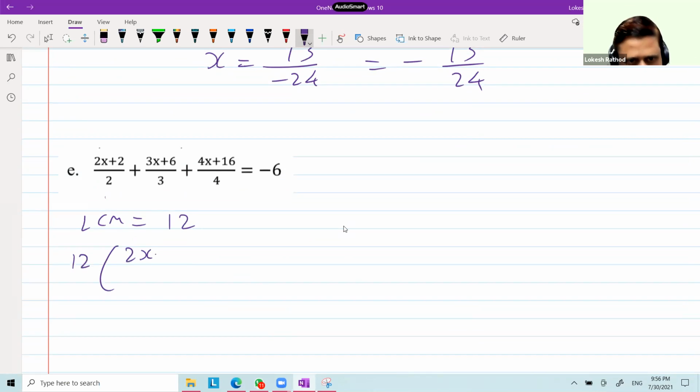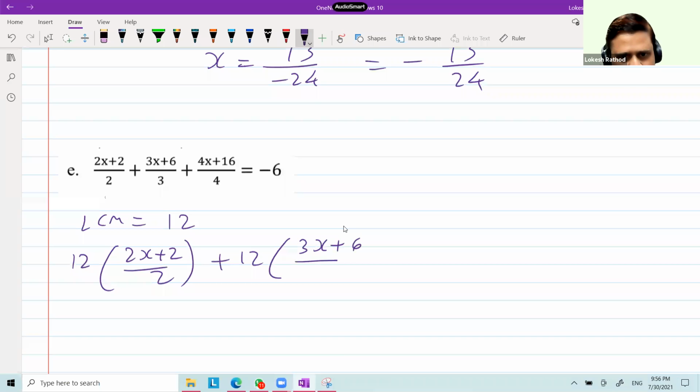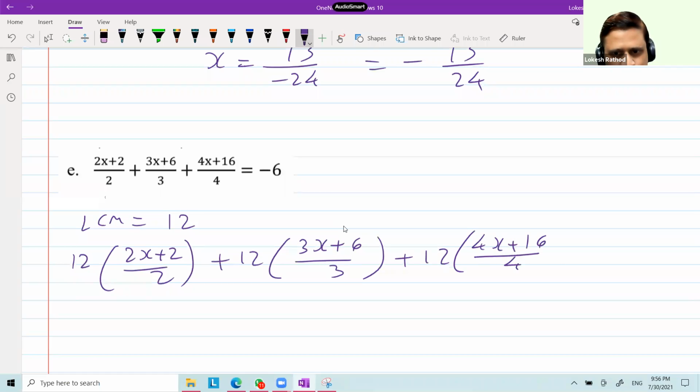So 12 times (2x plus 2) over 2, plus 12 times (3x plus 6) over 3, plus 12 times (4x plus 16) over 4 is equal to minus 6 times 12. Each and every term has been multiplied with 12.